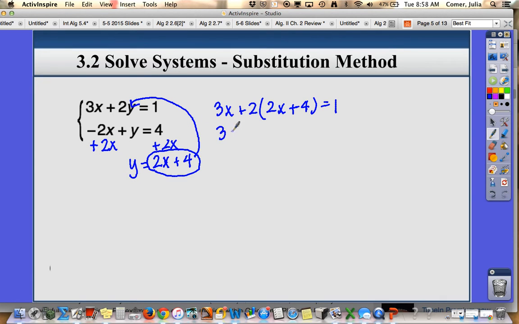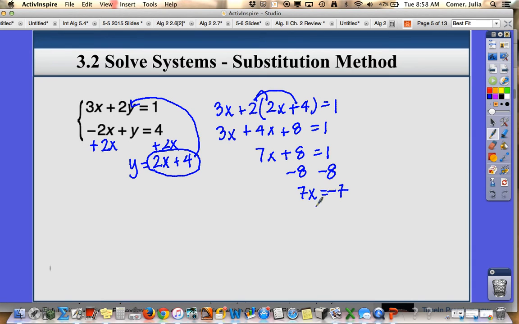Now I'm going to solve for x. So I'm going to end up with 3x, and I'm going to distribute that 2, so I'm going to have plus 4x plus 8 equals 1. And I end up with 7x plus 8 equals 1. And I can subtract 8 from both sides. I get 7x equals negative 7, or x is equal to negative 1 after I divide both sides by 7.